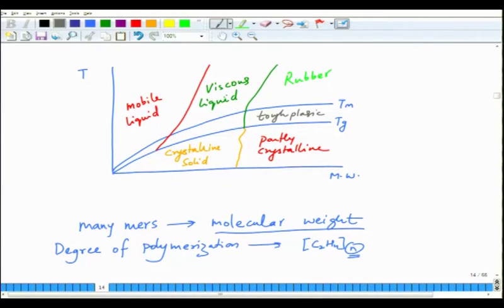At lower molecular weights, the solid is crystalline or has certain crystallinity, and it tends to convert into a liquid which could be mobile, with low viscosity, or with high viscosity depending upon the molecular weight. At very high molecular weights, the polymer is partly crystalline, and it tends to have a wider region between the glass transition and melting point. Between these two, it tends to act like a tough plastic, and before it becomes more rubbery at higher temperatures. So, these are the viscosity related behaviors of polymers as a function of temperature and molecular weight.